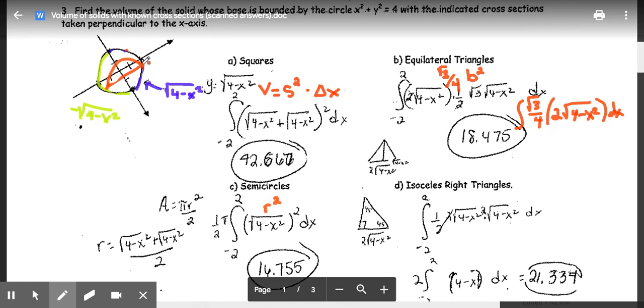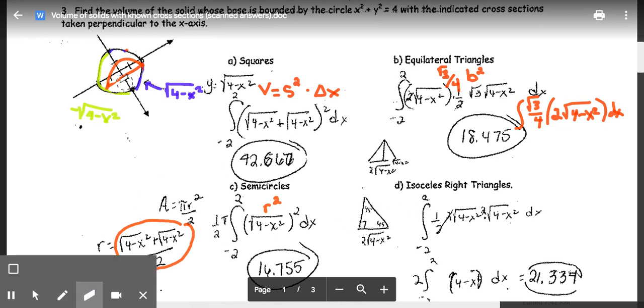Your radius is top curve minus bottom curve divided by 2, right? Because if you just do top curve minus bottom curve, that's not radius, that's what? Diameter. So you've got to divide it in half. That's why this over 2 is here, okay? And then you just plug this into your calculator. Don't forget to square your radius.